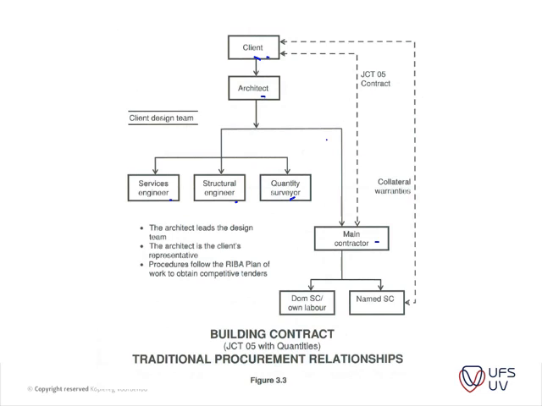So the appointment is still between the client and the contractor. This is just usually the inflow of information that they're depicting here. You will see under descriptions how it works, and then you've got your contractor with his different subcontractors, which has a contract with contractor and not with the client.